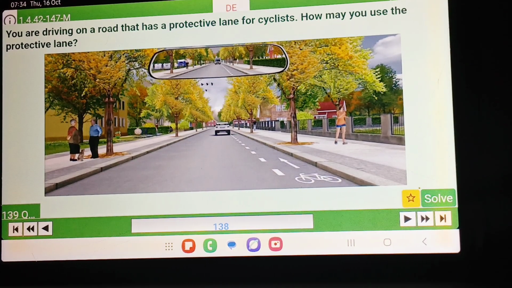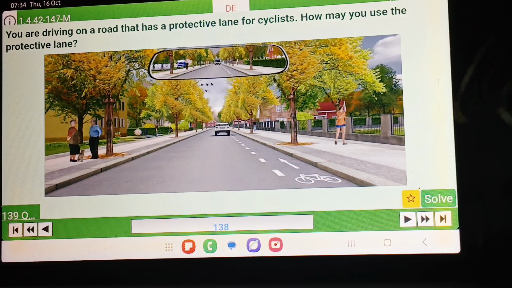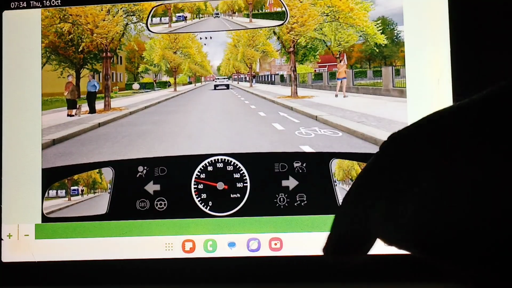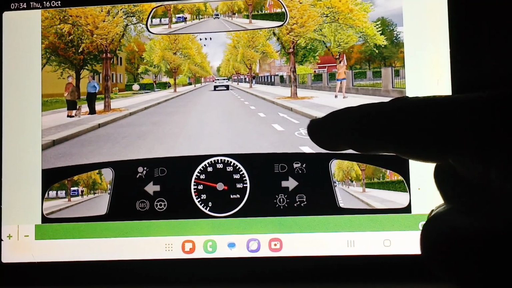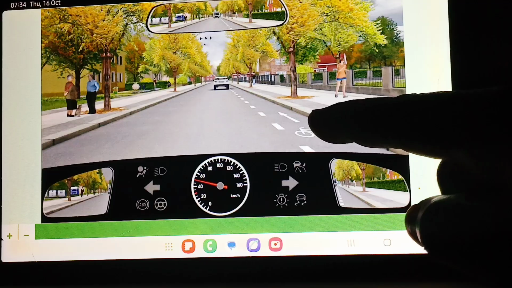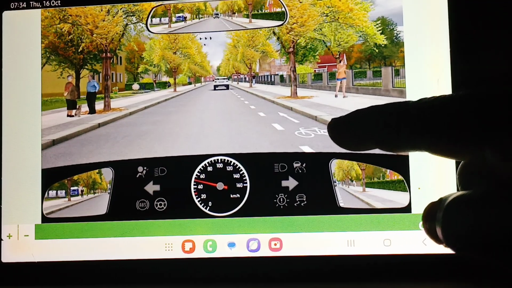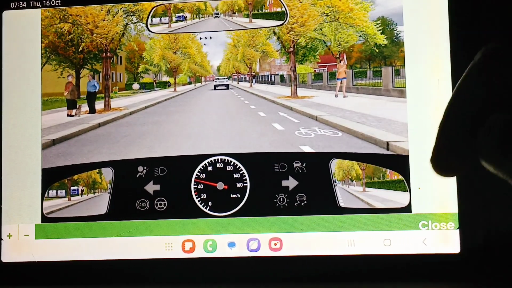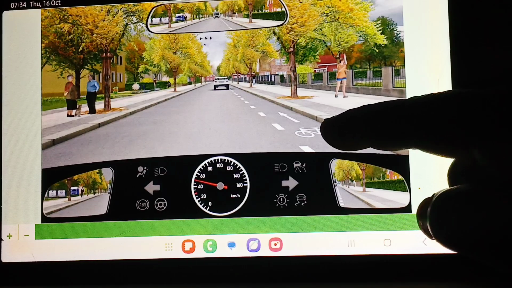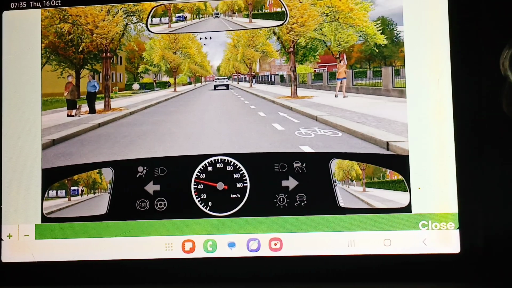You are driving on a road that has a protective lane for cyclists. How may you use the protective lane? You are driving on this road and there's a cycle path as a protective lane for cyclists on your right. Now, this cycle path, you are not allowed to drive on it.